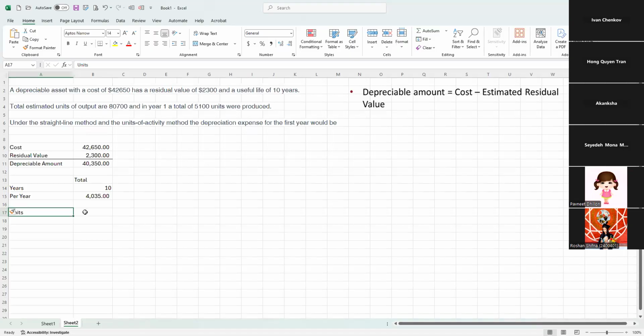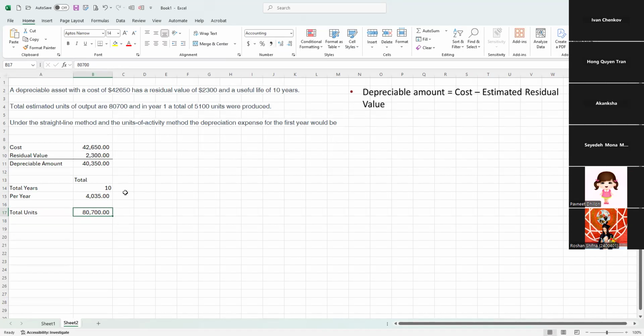Yes. Then we have units. Let's get the total units. Here we're going to have total years, and then here total units. How many units in total can we produce with this machine? 80,700 units, right?